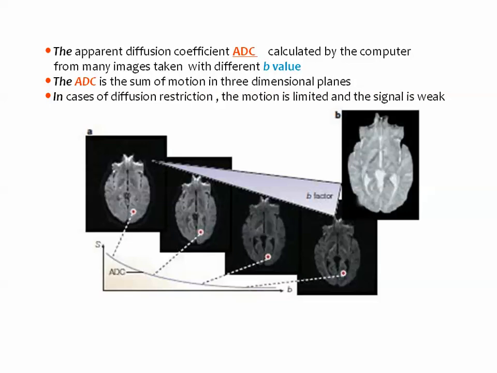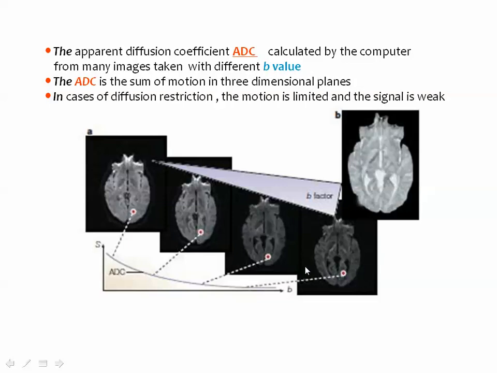Then, what is the ADC, the apparent diffusion coefficient? This diffusion is known as apparent because you cannot actually calculate the diffusion rate through this anisotropic motion, which is random in every direction and obstructed in too many ways. But this image is calculated by the computer. The computer will take the signal in different images obtained with different b values.